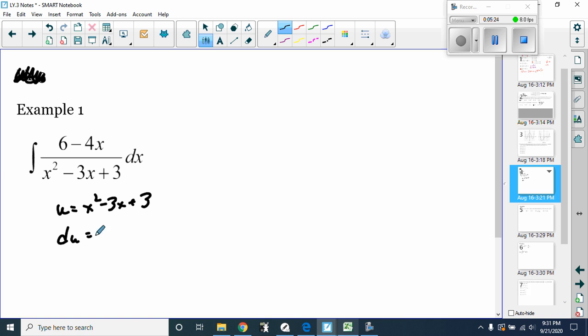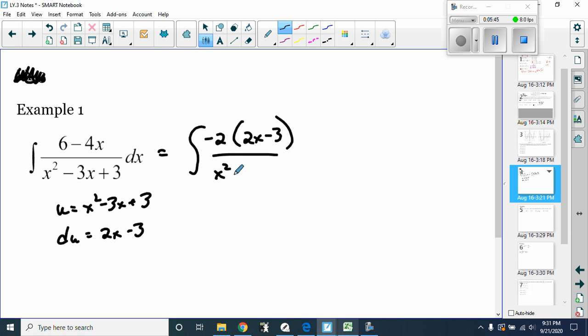So my du is 2x minus 3. We don't have 2x minus 3 here. At least not yet. If we take out a negative 2, now we have negative 3 plus 2x minus 3. So the 2x minus 3 is already built in there.